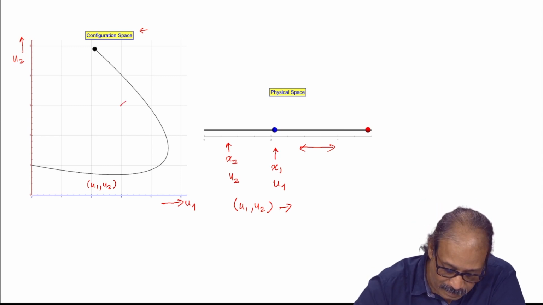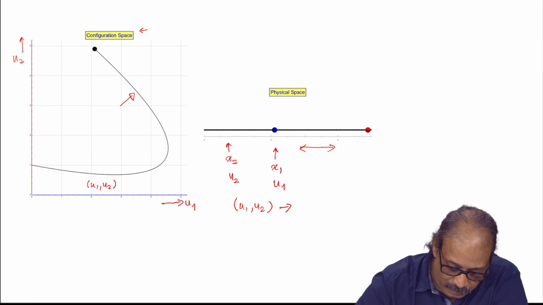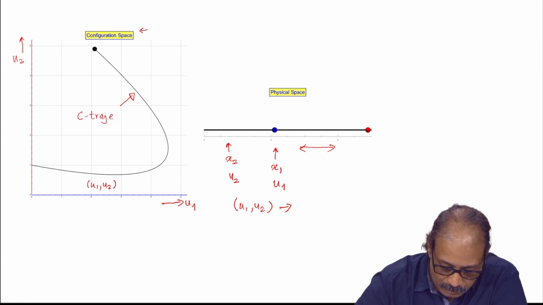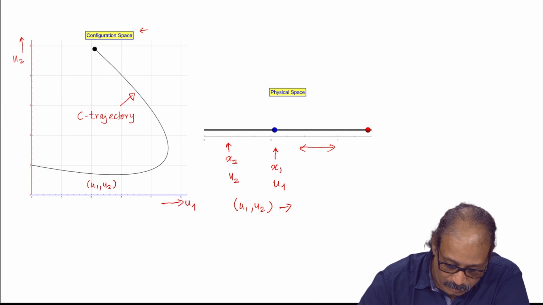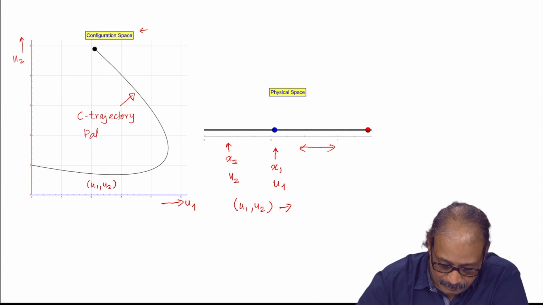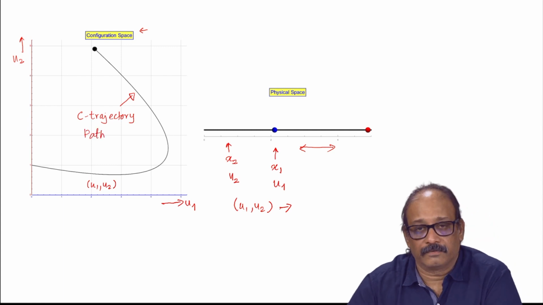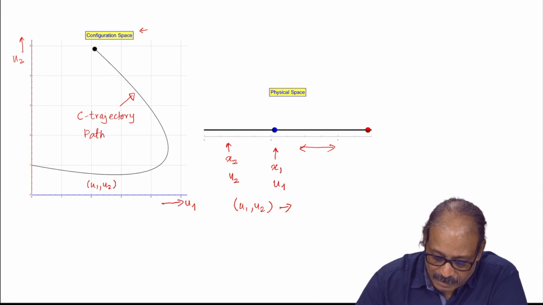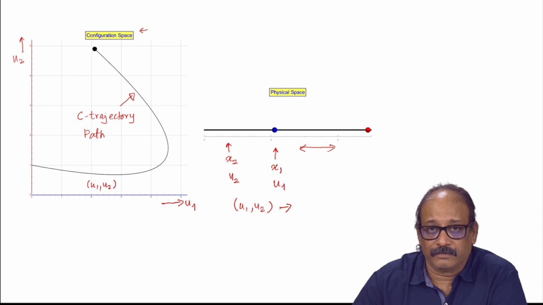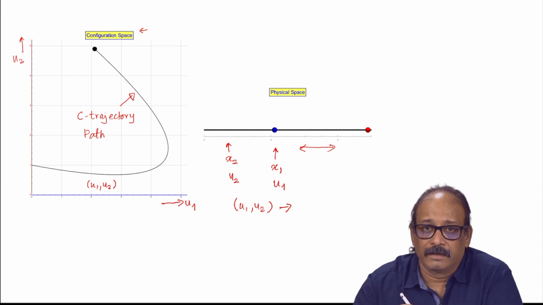So, this here is our C trajectory, or if there is no confusion, I would simply call it a trajectory in configuration space or a path in configuration space. Okay.